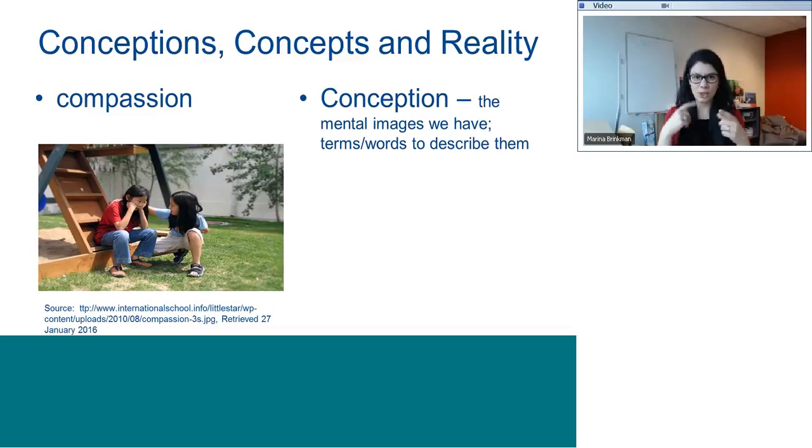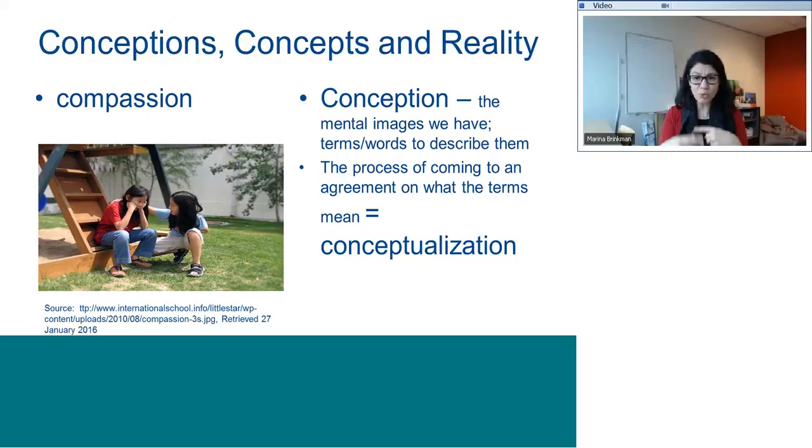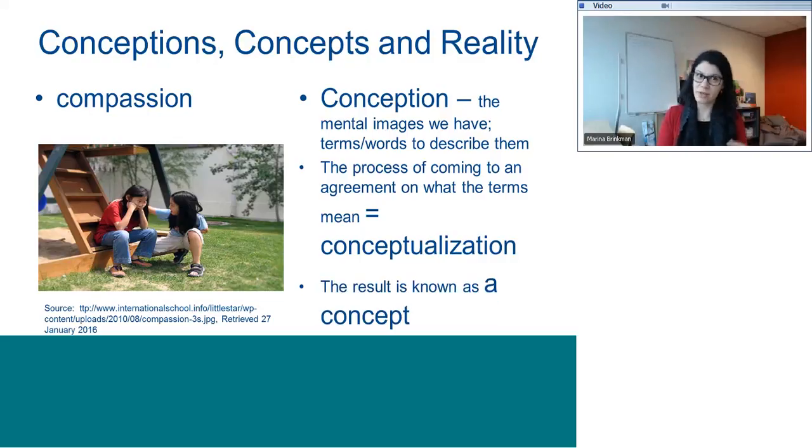What we're actually doing is undertaking a conception of what we are observing, in this example, human behavior. So this process of coming to a specific agreement of what we are looking at in this picture is called conceptualization. You can imagine that the result of such conceptualization is known as a concept.